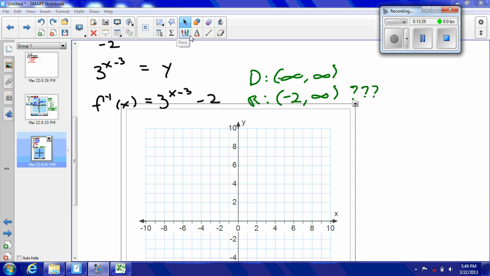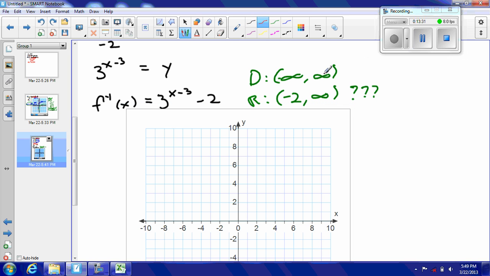So let's get a pen here. It would be 3 to the x. So y equals 3 to the x. Exponential function. 0, 1, 1, a, which is 3, negative 1, 1 over a, 1/3. So my exponential function looks like this.